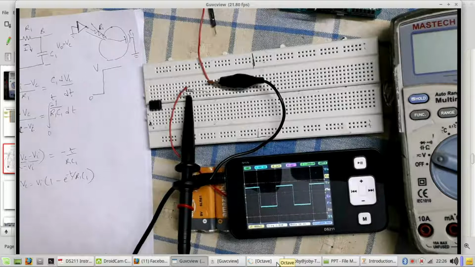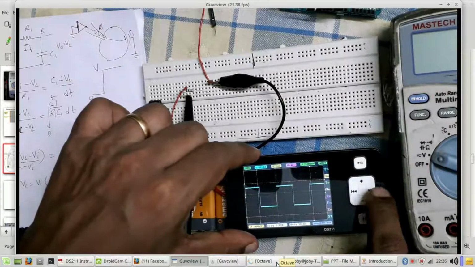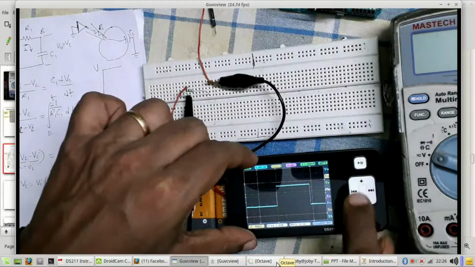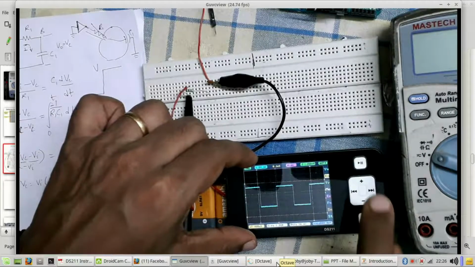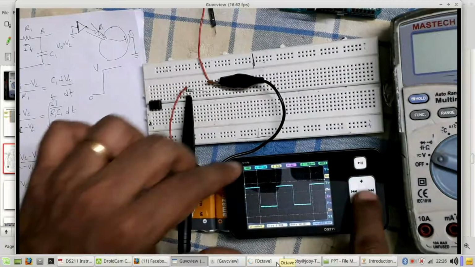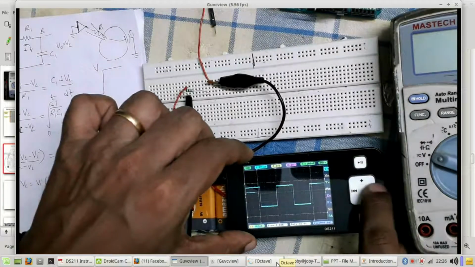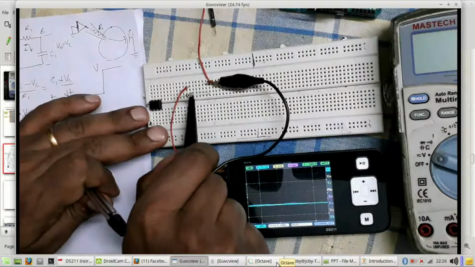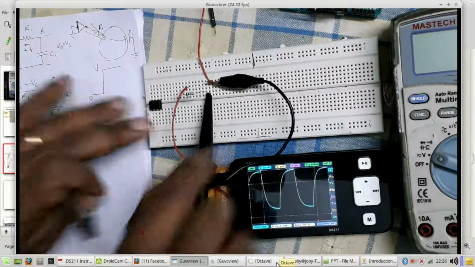Now let us switch back to the other scale because it is more visible. Now in this scale, we are currently measuring the input.